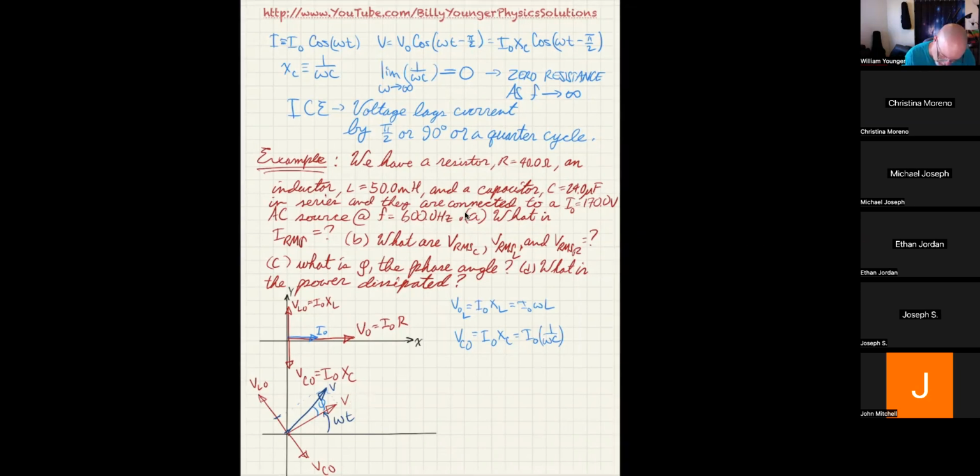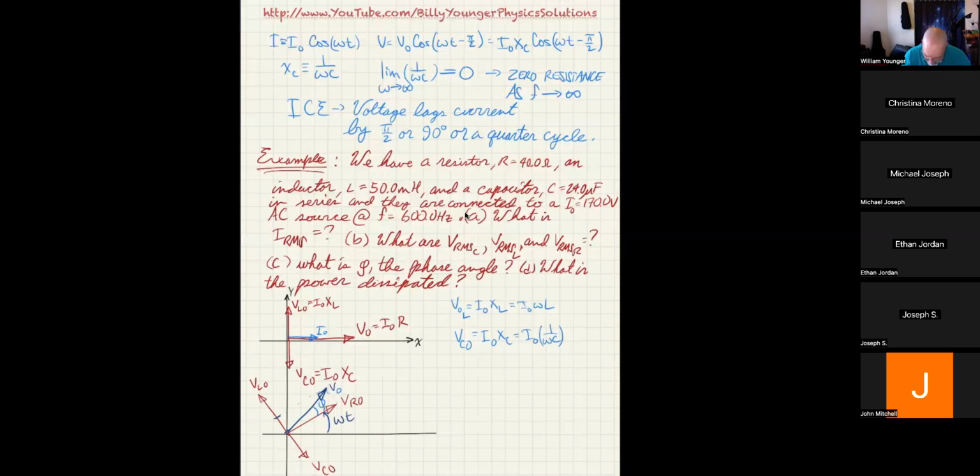Let me clarify what this is. This quantity is in fact VR0, and this new quantity, the phasor, is really going to be our new V0.